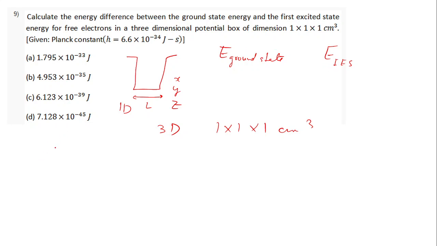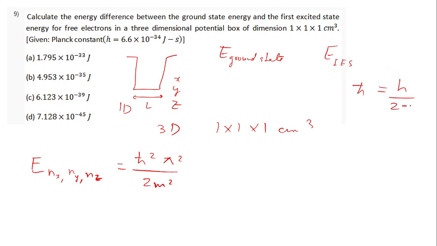So for a 3D potential box, the energy expression, we have nx, ny, nz because it's 3D, and the value is given by h bar square pi square divided by 2m, times the expression. Either h or h bar you can write. I hope you know h bar is the reduced Planck constant and it is actually h over 2 pi. So either you can write in terms of h or in terms of h bar.